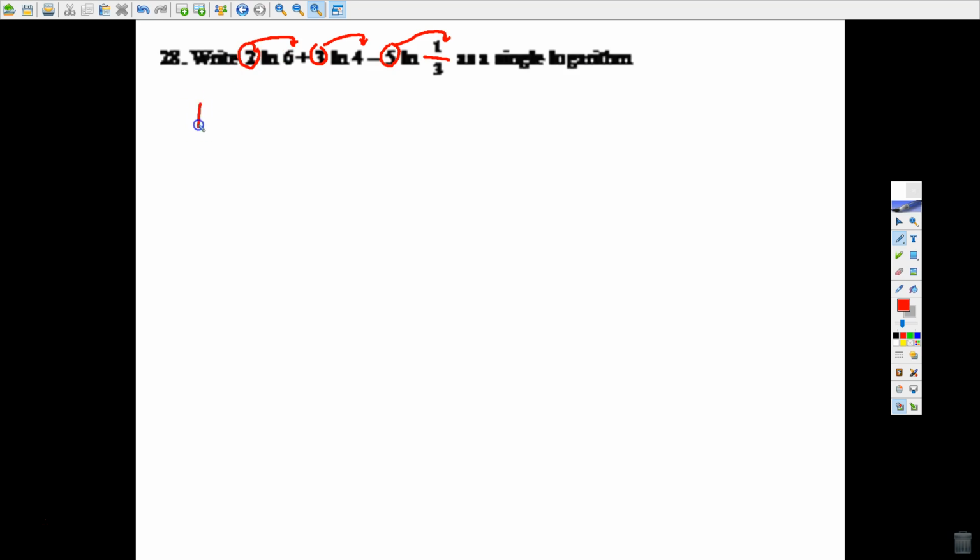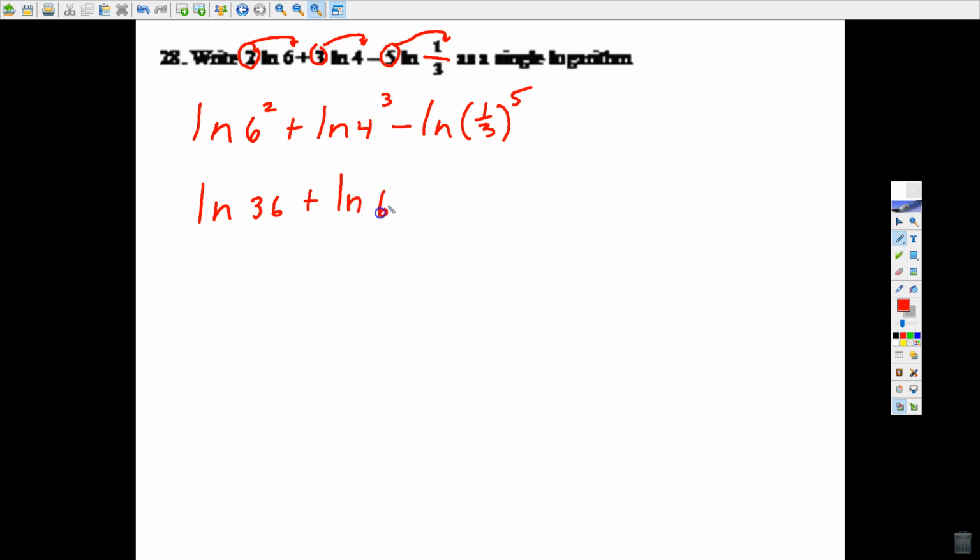So here we go. I'm going to write maybe more than I need, but I just want to make sure you're following. So this is going to become natural log 6 to the second plus natural log 4 to the third minus natural log 1/3 to the fifth. Okay, and I think now I'm going to just go ahead and simplify these. Instead of showing them as exponents, I'm going to call this natural log 36, and this is natural log 64, and this is natural log.